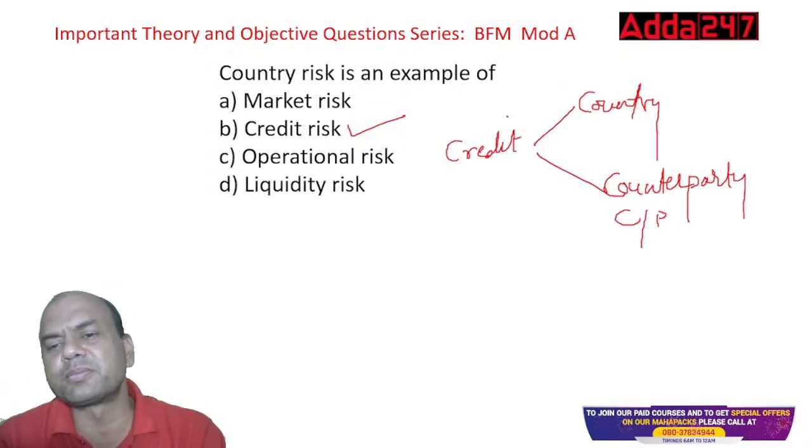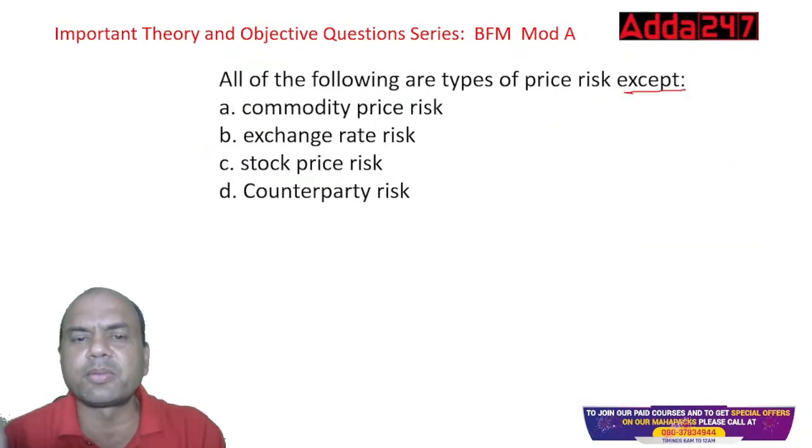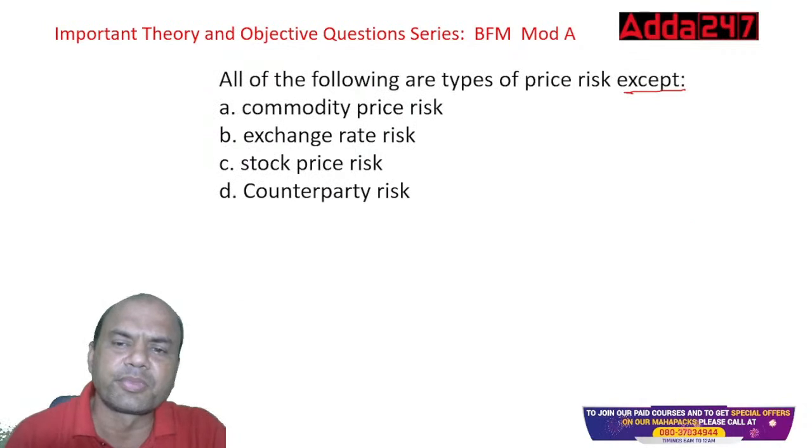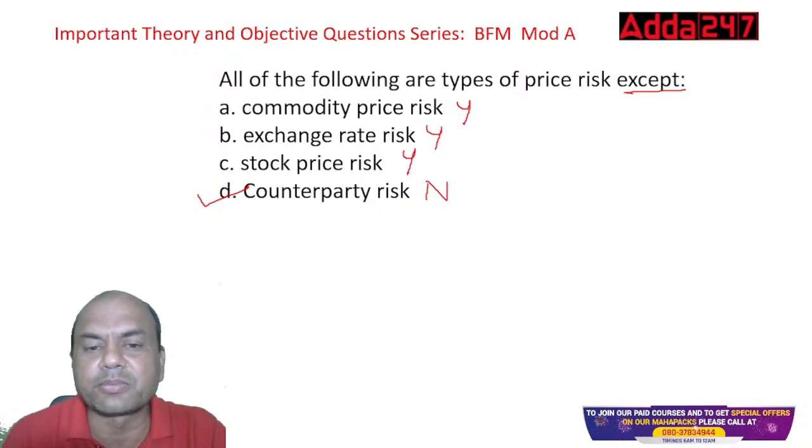Credit risk has two parts, country and counterparty. So counterparty will be a part of what? Will it be a part of price risk? No, it is a part of credit risk. This is not the one. This is yes, this is yes, this is yes. All these are price risks. But this is a part of credit risk.